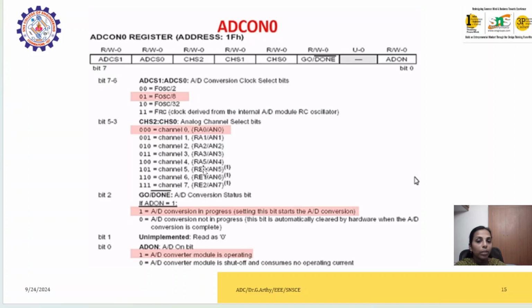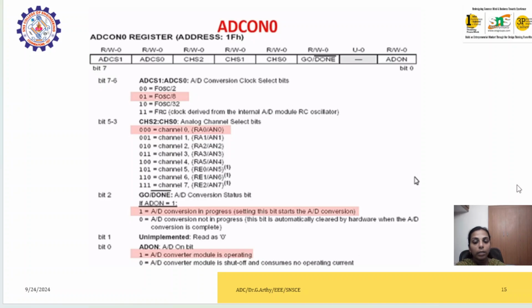There are 8 channels in total, 0 to 7, and whichever channel we need can be selected. Bit 2 mentions the status of the conversion, whether it is over or completed. If it is equal to 1, it means the operation is in progress. Bit 1 is an unimplemented or undefined bit. Then bit 0 is the ADON bit.